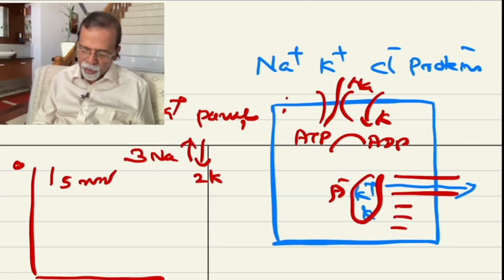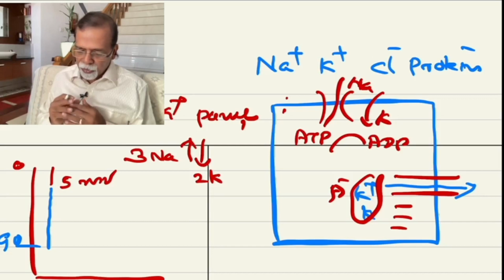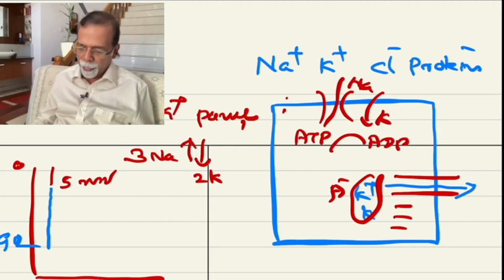So, this negativity increases to around minus 90 by the transfer of potassium. This produces a potential difference, and the resting membrane potential comes to around minus 90. Then there are leaky sodium channels.